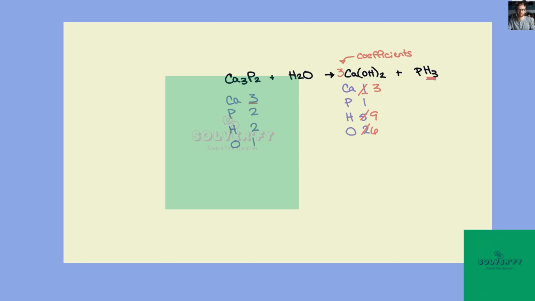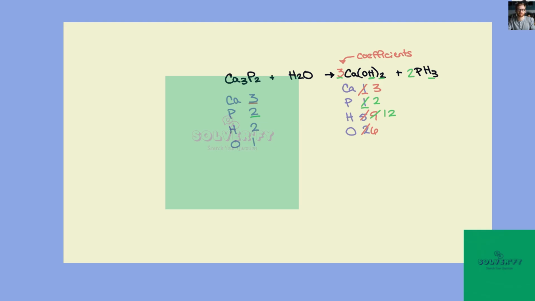Next step. Let's look at the phosphorus. We've got 2 and we've got 1. So let's put a 2 in front of the PH3. That'll get our phosphorus up to 2. It will also impact our hydrogens, because now we've still got the 6 hydrogens from the calcium hydroxide, plus another 2 times 3, which is 6, for a grand total of 12.